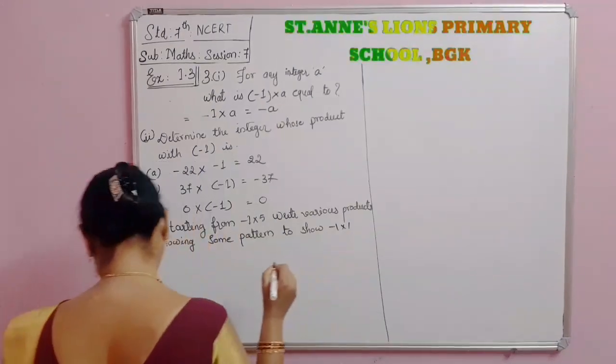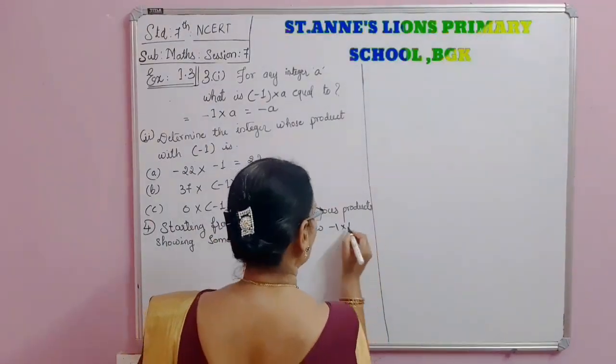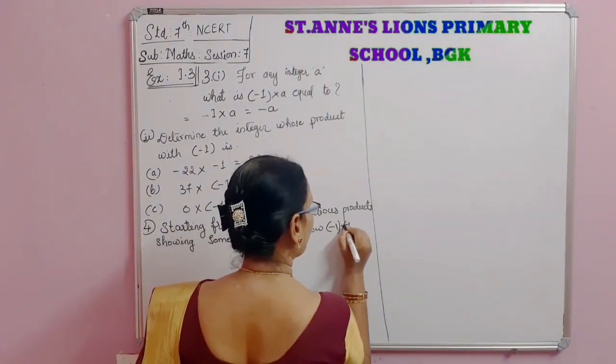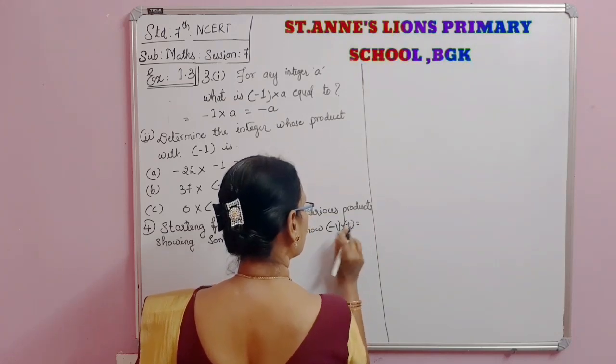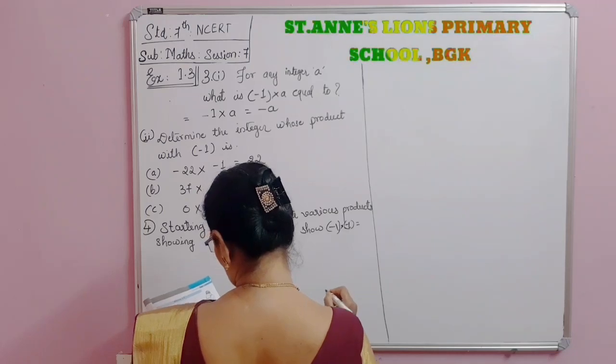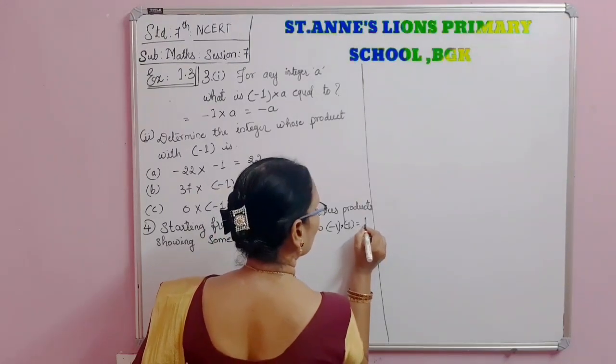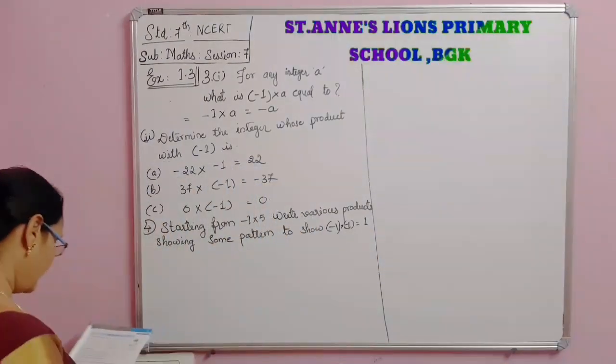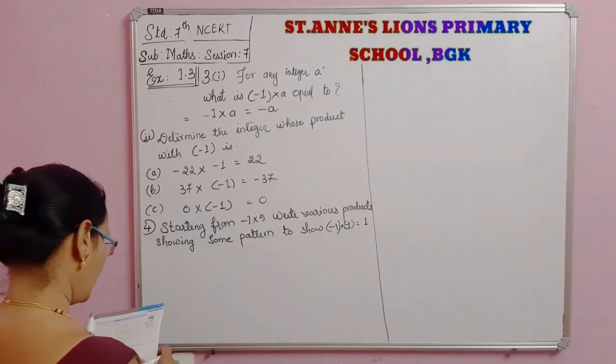Minus 1 into 1, minus 1 into minus 1 is equal to 1. So we have to start from minus 1 into 5.